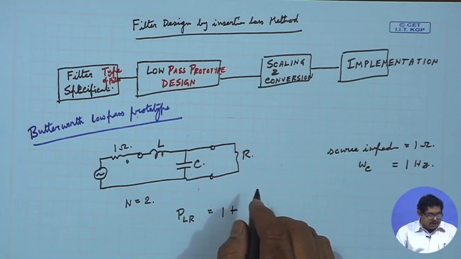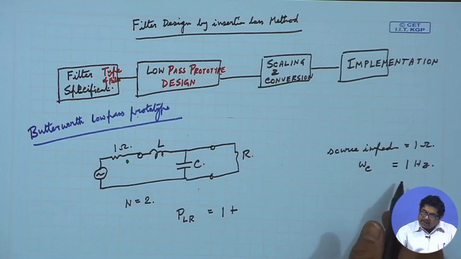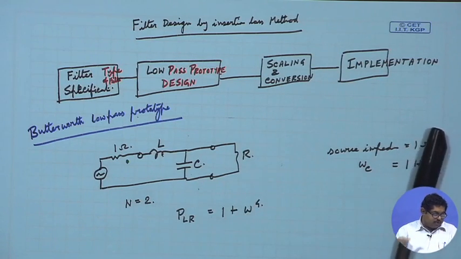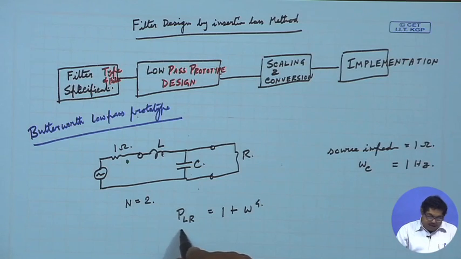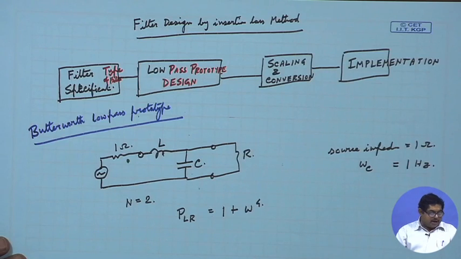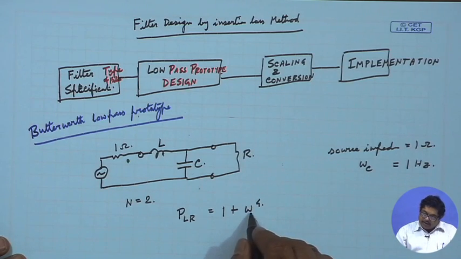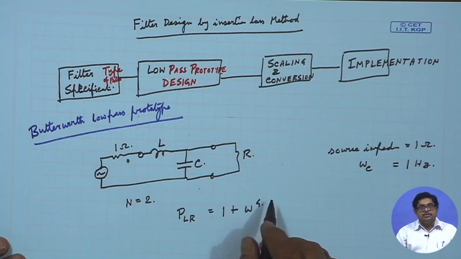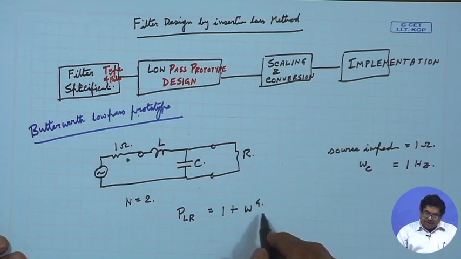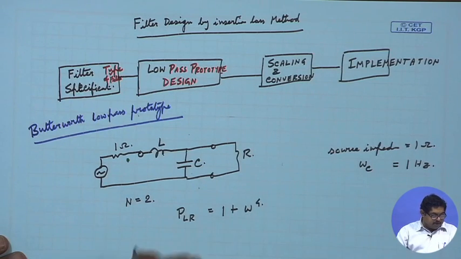Since we are taking n equal to 2 and omega c is 1, the PLR is 1 plus omega to the power 4. So, PLR we have specified, and it is realizable because it is an even function of omega, a function of omega squared, which is also required, that is, even powers of omega. So, it is omega 4, it satisfies, it can be realized.